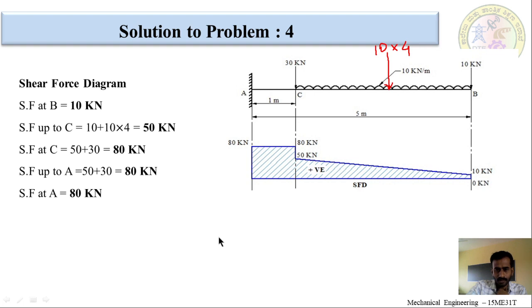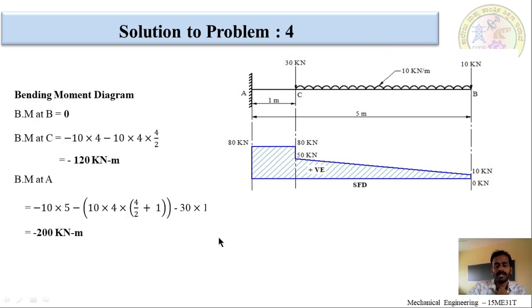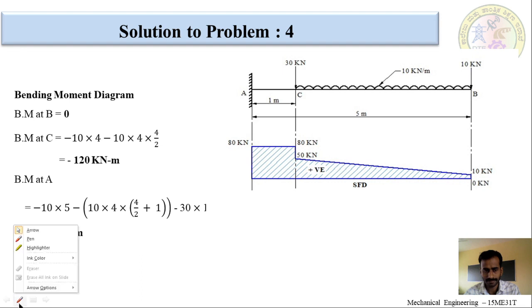Okay. Now, moving on to the bending moment diagram. To draw the bending moment diagram, we have to first solve the bending moment values. Okay. So, first bending moment at B, we have already discussed. At the free end, bending moment is 0, because it is the free end of the beam.